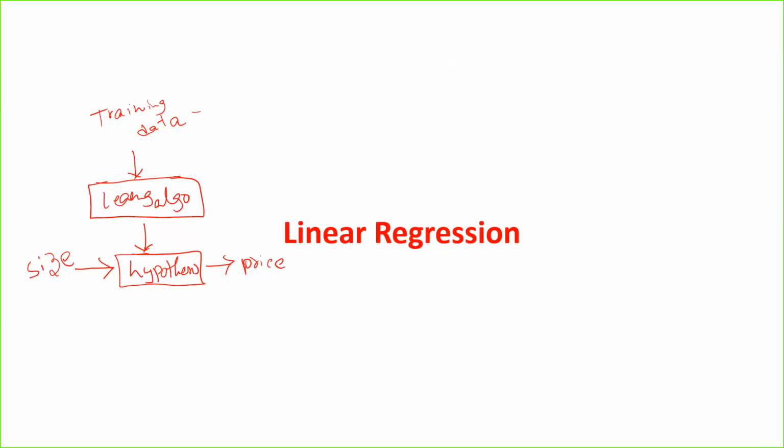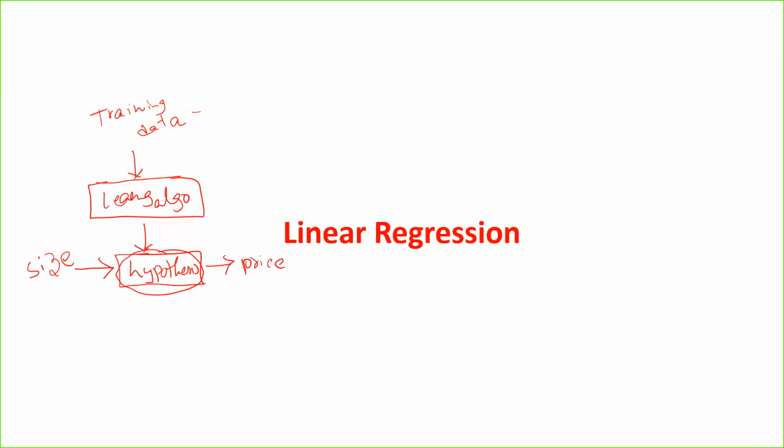Training data is given to the learning algorithm, and the learning algorithm gives us the hypothesis or a model. Once we get the hypothesis, we make use of it to make a prediction for the future instances.